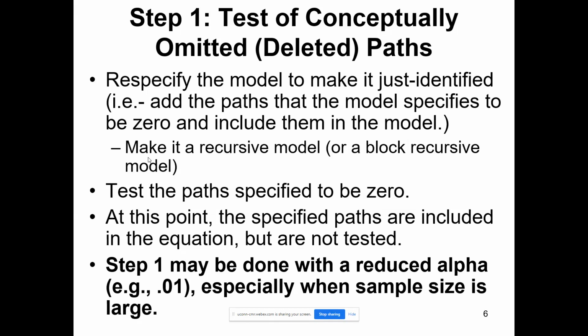But this is what's called a block recursive model. Again, we'll get into this more when we talk about non-recursive models. It's called a block recursive model because even though it's non-recursive, you can think of these as almost being like blocks in a chain, and it's recursive across blocks.